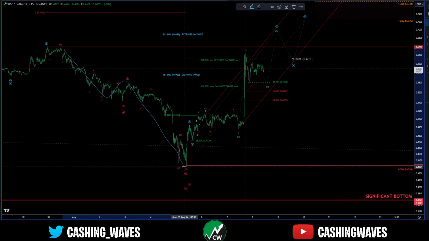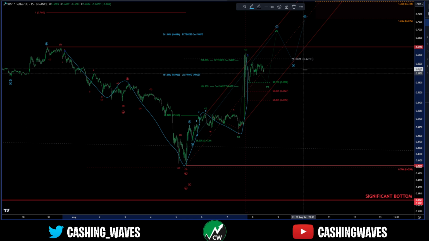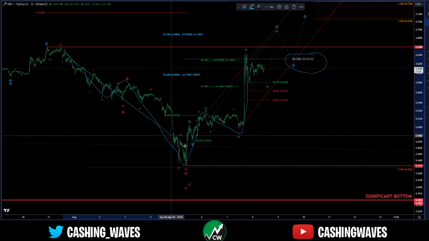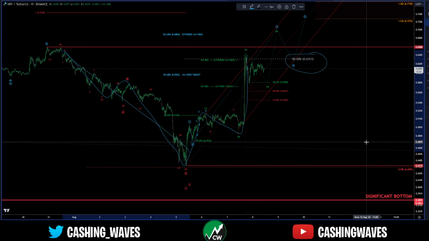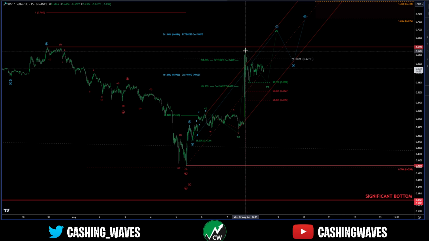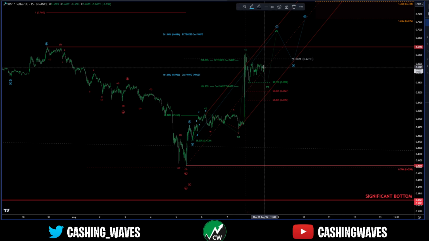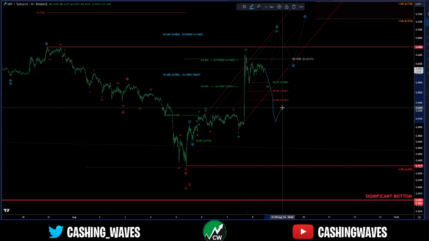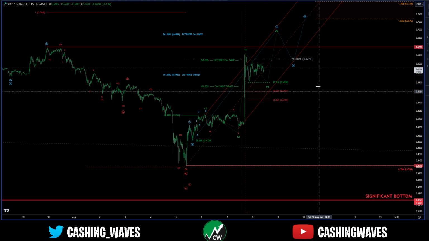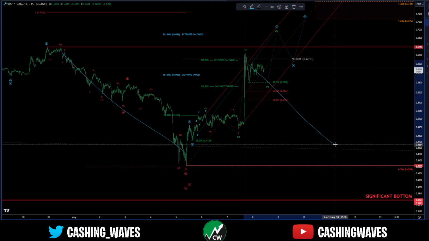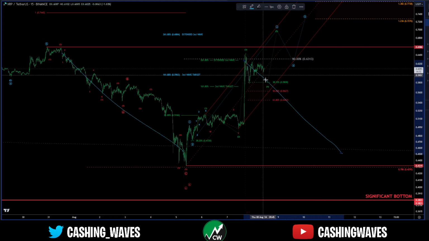If this is a 3, it could be an ABC, like we said. We've hit the 90% retracement of this A wave. In that case, that means we can have a 5-wave move down here. And this becomes an ABC. Although it might end up being some sort of diagonal. Looks like a 3-wave move.